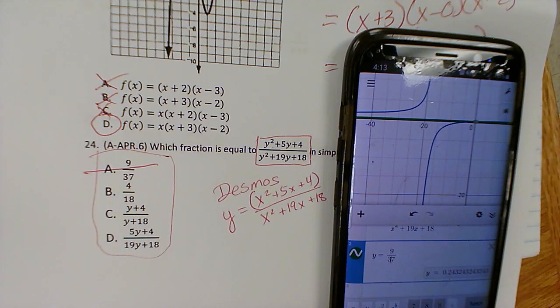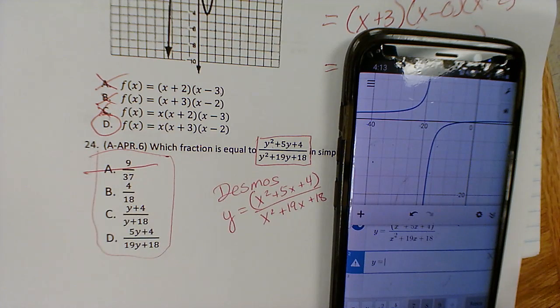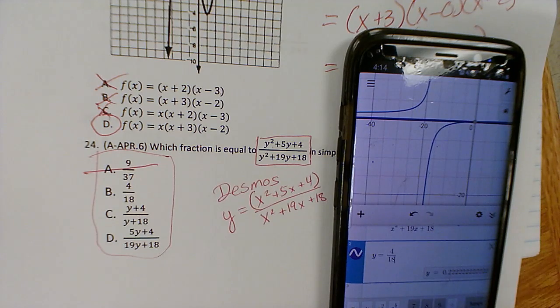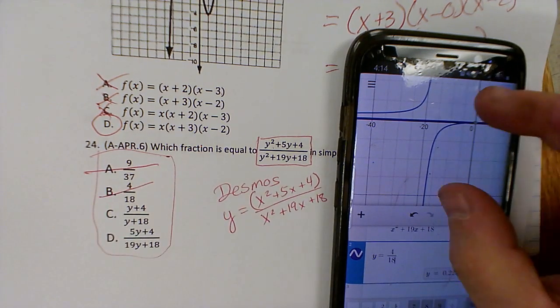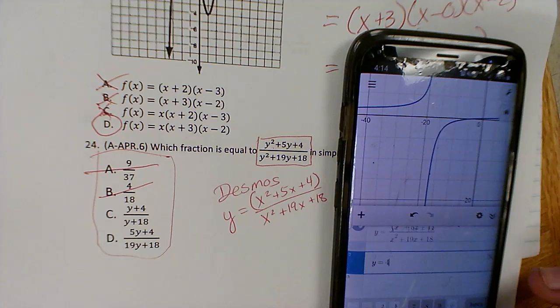37. Not it. Now I'm going to type in y equals 4 over 18. Still a straight line. Not it. Now it has to overlap it perfectly. Y will please not be d.